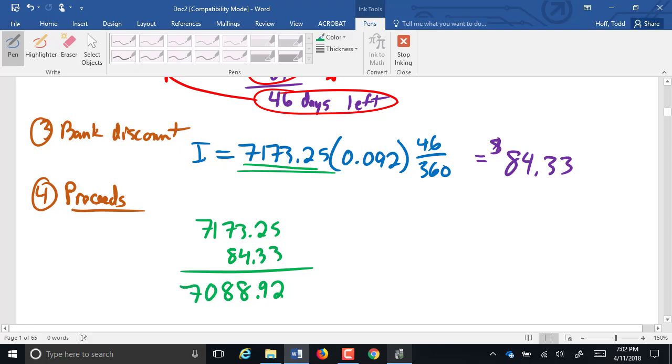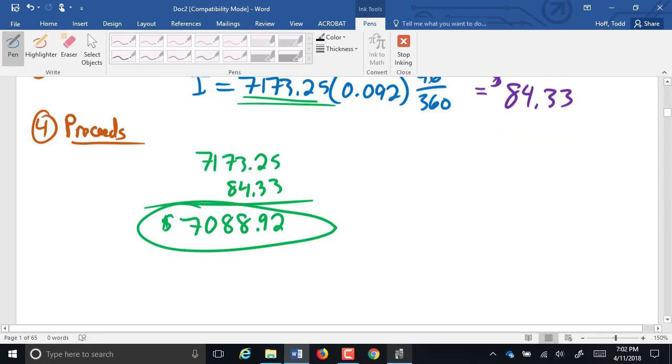So $7,088.92 is how much the bank gives out. What do you think? Good stuff? But wait, there's more.